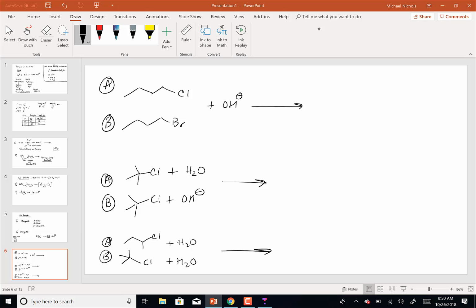Not the same. Can't compare them. Then once I know what the reaction mechanism is, what am I looking at? I'm going to look at the difference. What's different about the two reactions? And then, let's put that in the context of the reaction. So that's how you want to approach these kinds of problems.